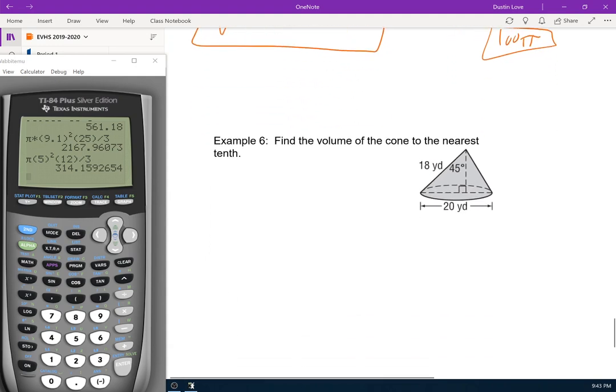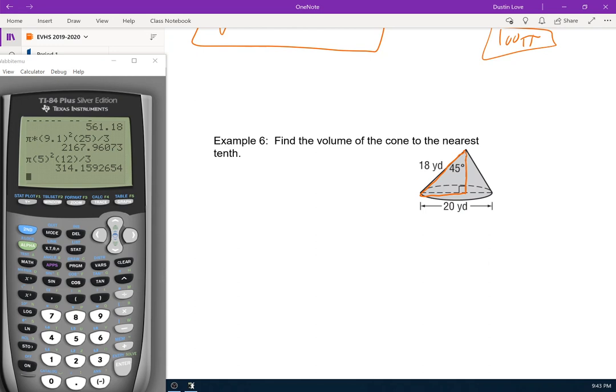All right, here is an oblique cone. I guess it's not completely oblique, but it's definitely not regular. So once again, we've got this triangle here. We're given the 45.